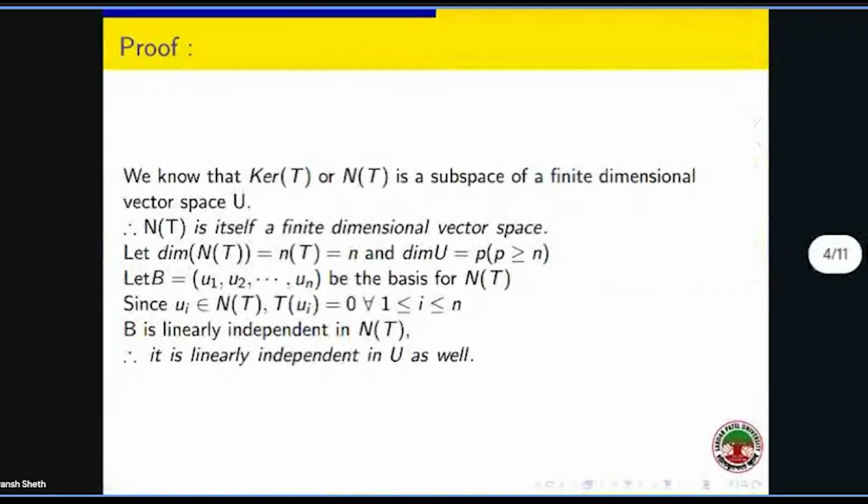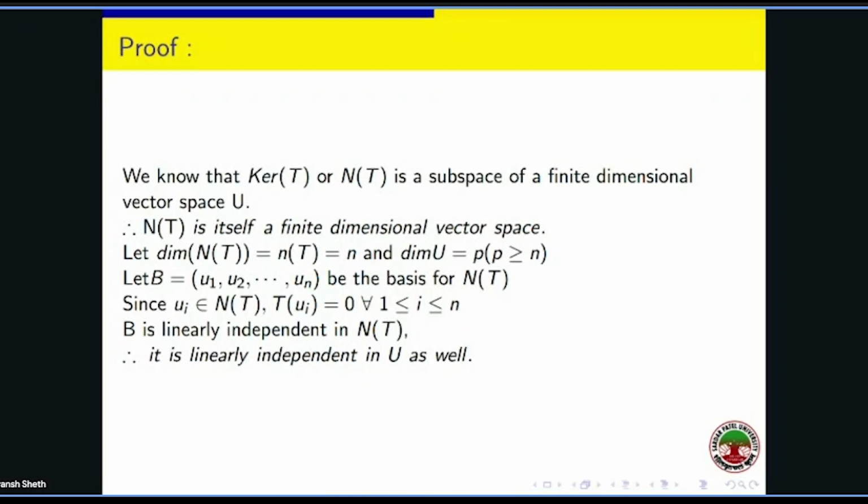So we will start with the null space, obviously. So we know that the kernel or the null space is a subspace of the domain space, right? And we have assumed that the domain space is finite dimensional. So it is obvious that since kernel T is a subspace of U, it also has to be finite dimensional.